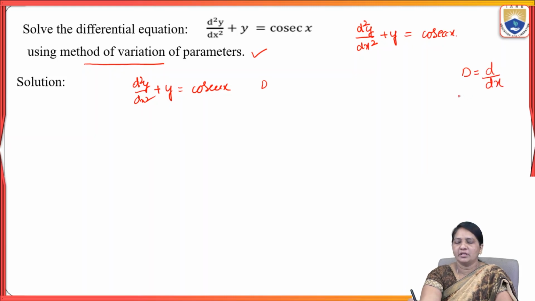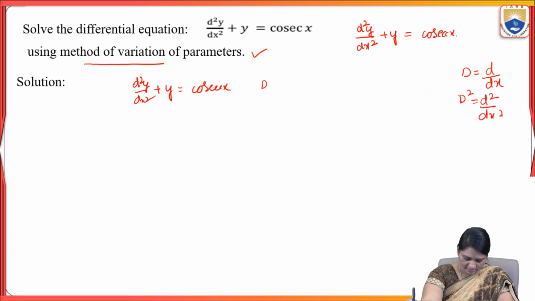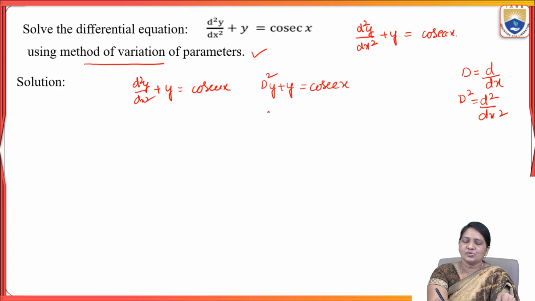D is d by dx. Here capital D square is d square by dx square. So from this we write d square y plus y equal to cosecant x. Now I can write this as d square plus 1 into y equal to cosecant x.